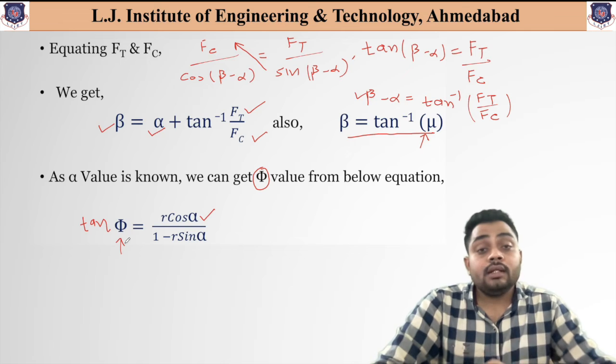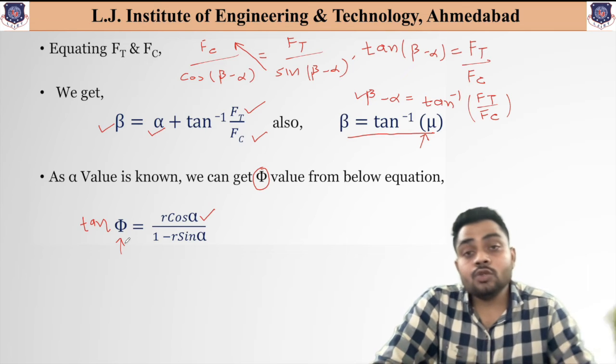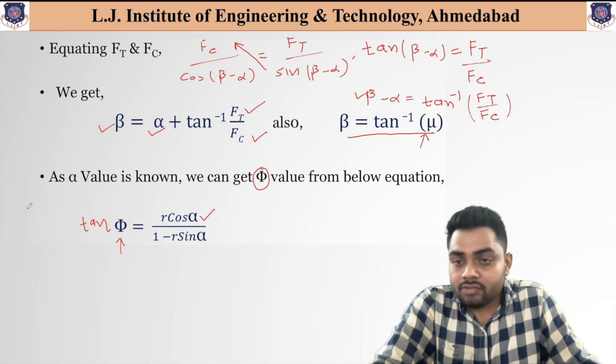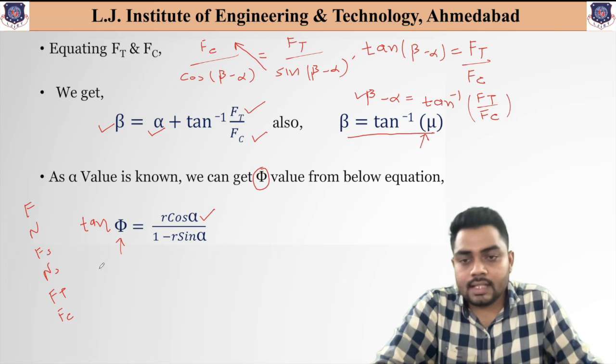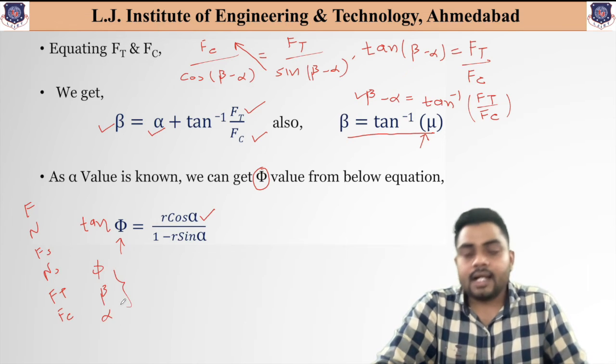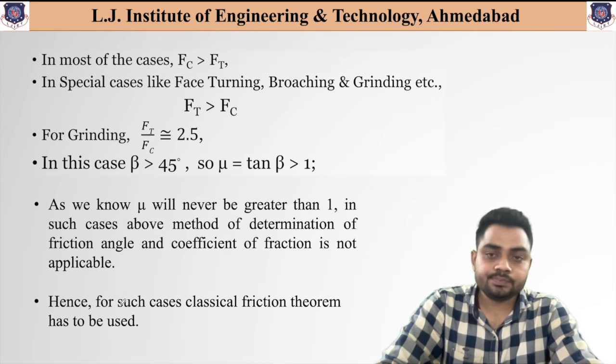So I hope now you have understood the different relations that we can use to get the relationship between F, Fs, Ns, Ft, Fc, and the three angles, that is phi, beta and alpha. So using this diagram you can get the relationship between all these variables that are involved during the machining operation.